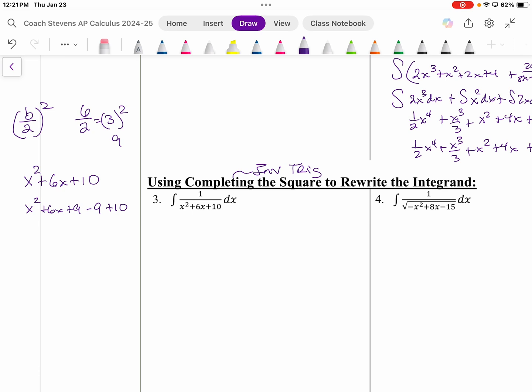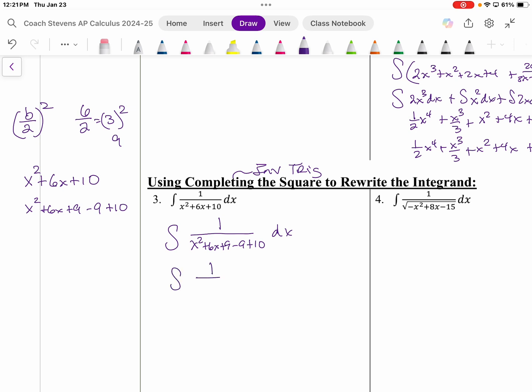Now, let's take what we have right now and rewrite it as our integral with that as our new denominator. Okay? So we're going to go over here and say this is the integral of 1 over x squared plus 6x plus 9 minus 9 plus 10 dx. Now, we're going to simplify the negative 9 and the 10.